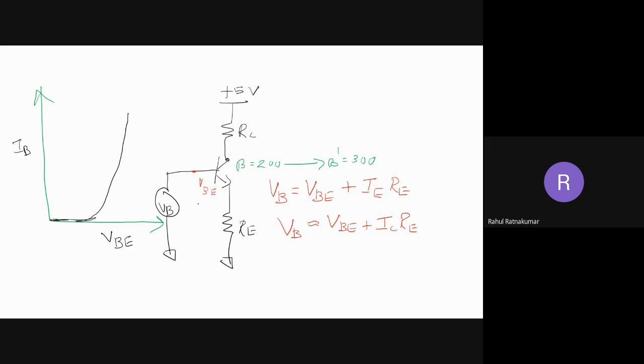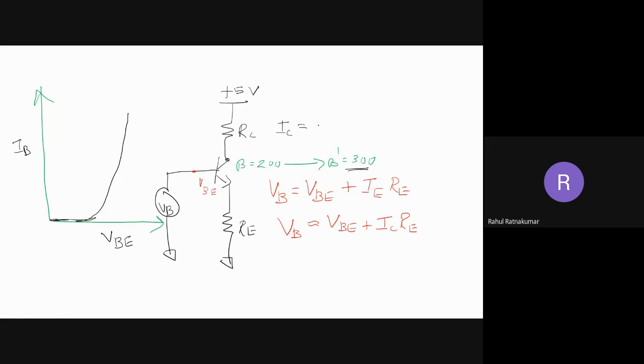Now let's see. With these two things, let me analyze what happens when the beta changes to 300. Obviously, IC will change. Initially we have some IC, so IC will also change.